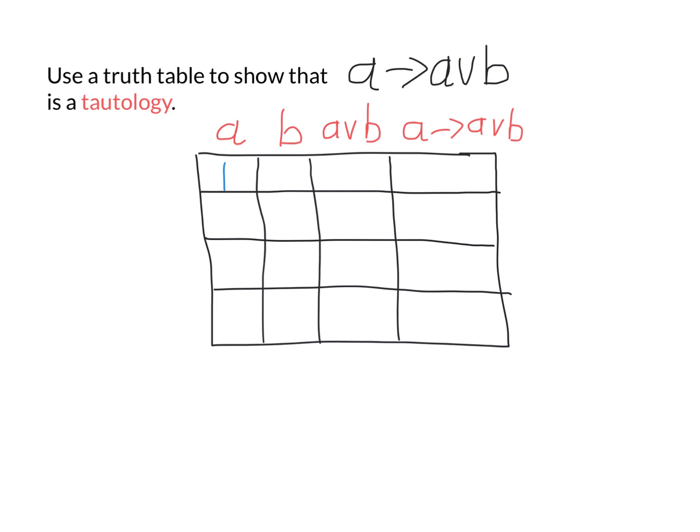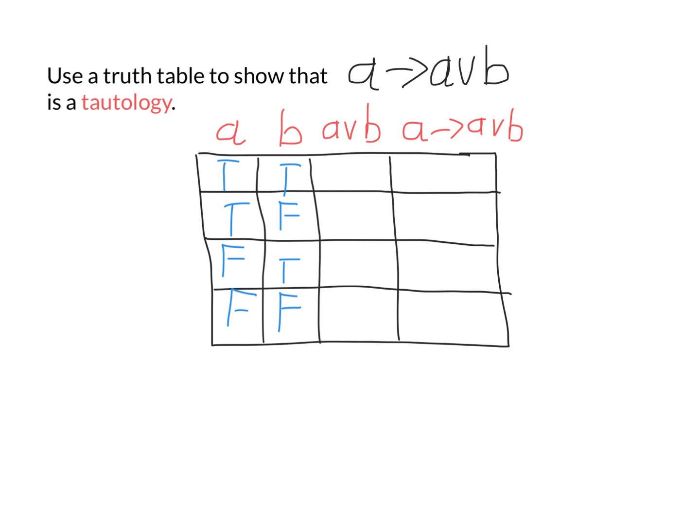So A can be true or false. B, of course, can be true or false. The reason we have 4 rows in this truth table is there are 4 possibilities. Both are true, both are false, A but not B is true, B but not A is true. T obviously means true and F is false. So let's look at whether A or B would be true or false.